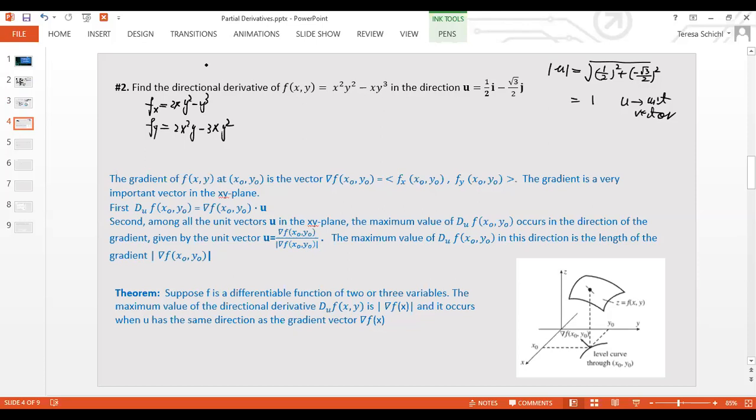So the directional derivative of f will just be f_x times a, so 1/2 of (2xy squared minus y cubed), plus b, which is negative, times f_y, so 2x squared y minus 3xy squared. You can combine or just leave it like this. So this is what we call the directional derivative.